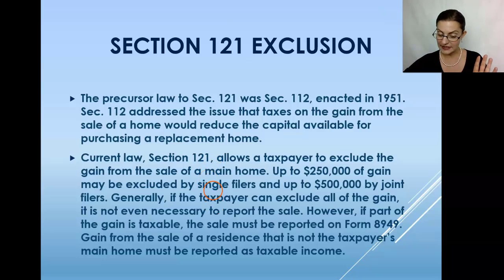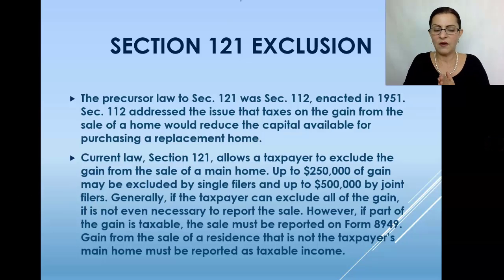But technically, you don't have to report the sale if all the gain can be excluded. But once you respond to like your fourth or fifth underreporter notice with this thing, you'll be reporting all home sales from there on out. Just trust me. Once you've done it enough times and you just get sick of responding to those notices, then you'll start reporting all the sales, right?